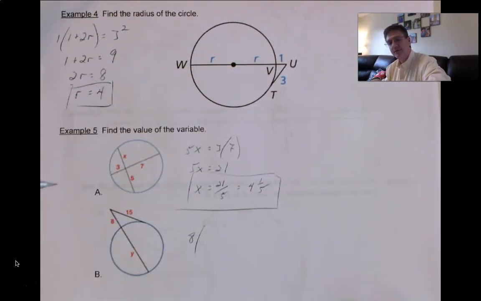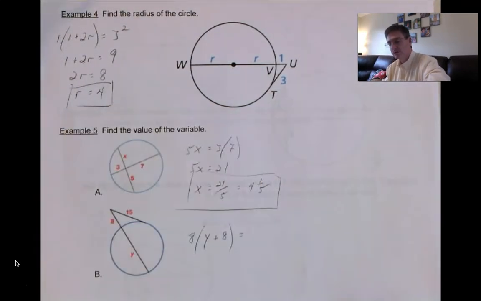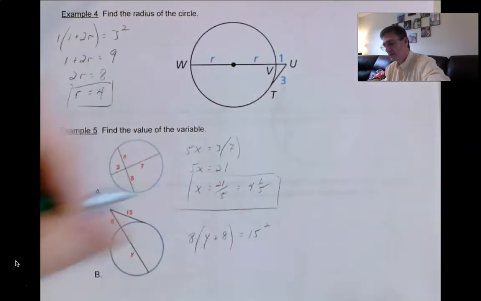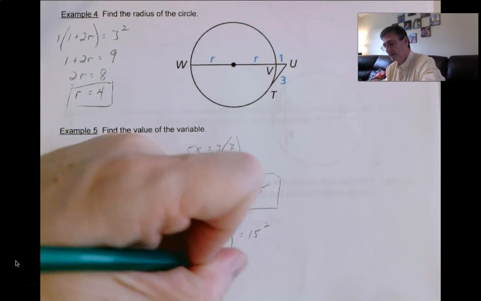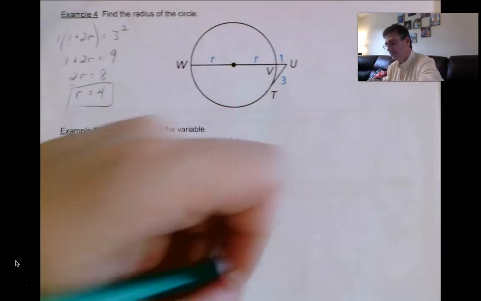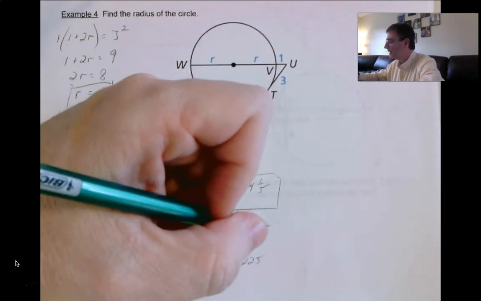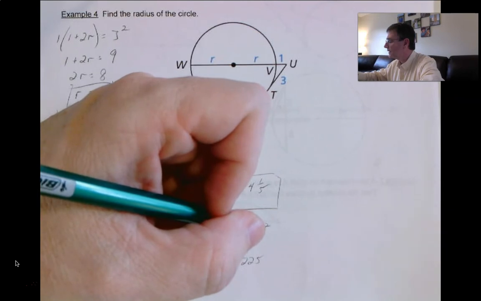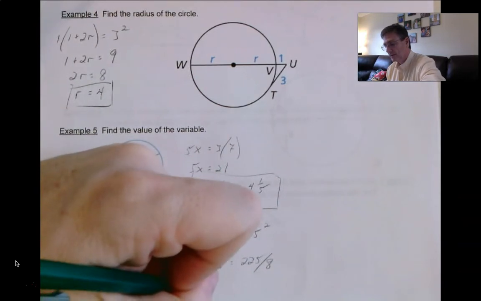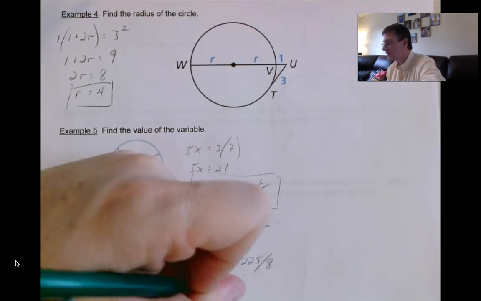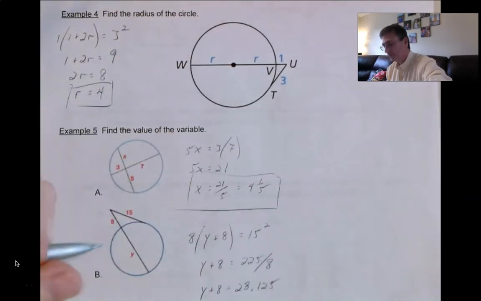Part B. 8 times y plus 8 equals 15 squared. Y plus 8 equals 225 divided by 8. 225 doesn't divide evenly by 8, but we get y plus 8 equals 28.125.